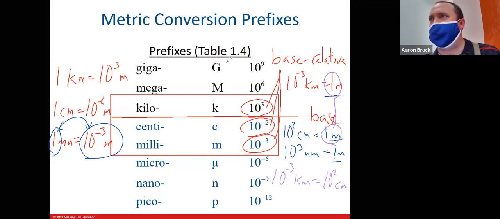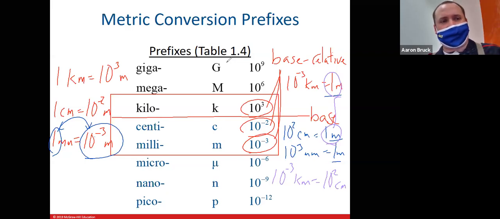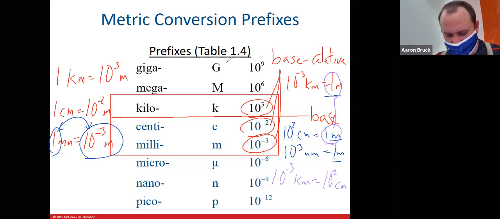If two ideas are equal to the same idea, then they're also equal to each other. All right, any questions here about the prefix system?